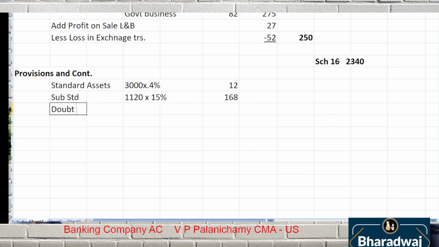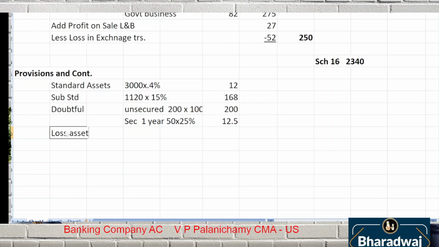Standard assets, substandard assets, then doubtful assets, unsecured portion 100%. Loss assets 100%.